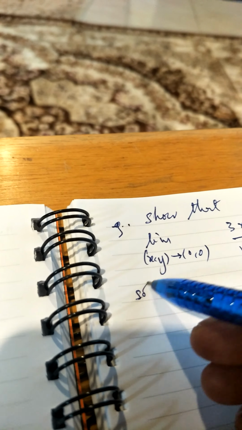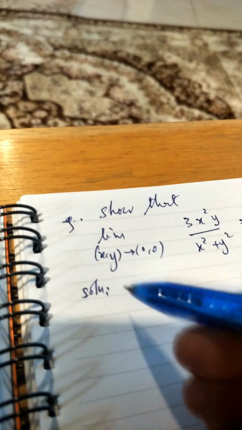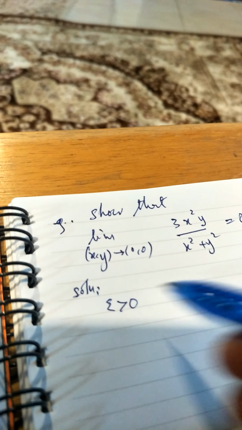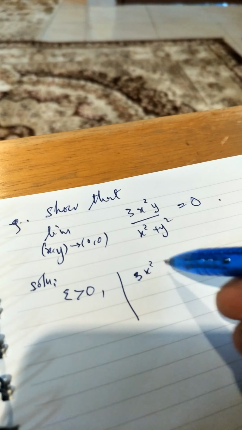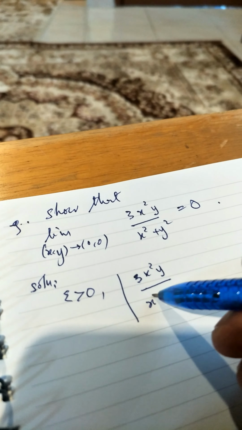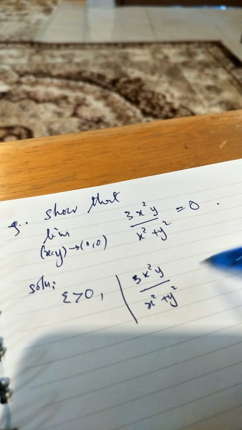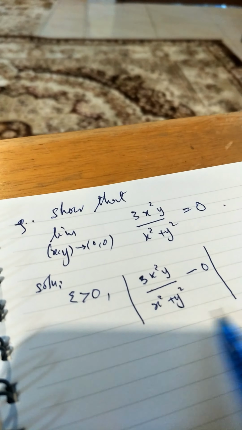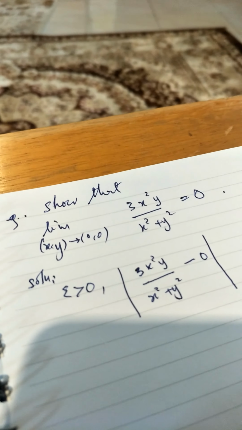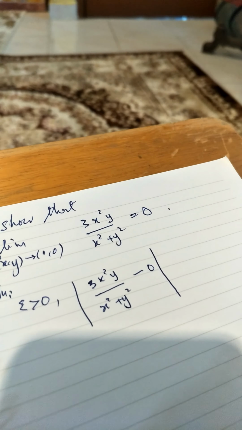So we use the definition: given any epsilon positive, we have the difference between the function, 3x squared y over x squared plus y squared, minus the limit, which is 0. Then we want to show this is less than epsilon.